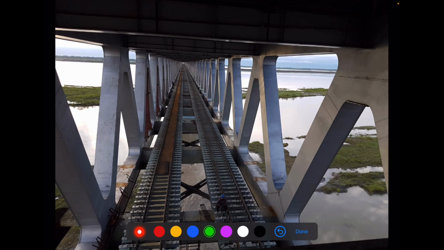What else is visible? Stringers are not visible. But we can see these bottom lateral bracings. These are the bottom lateral bracings. Then this is the cross girder. Okay, and these are steel bridge sleepers.